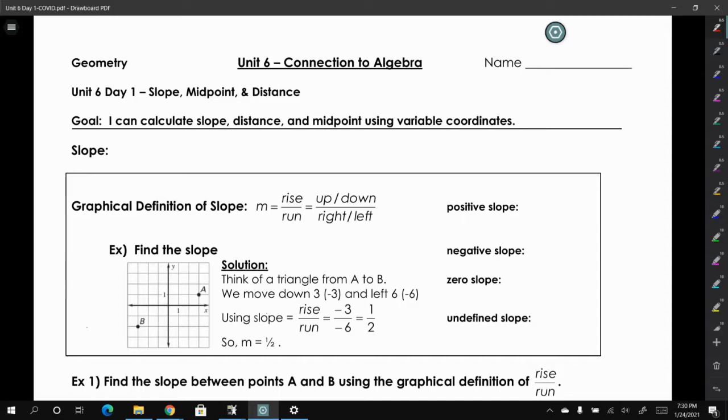So first, the slope of a line is a rate of change in a linear function.